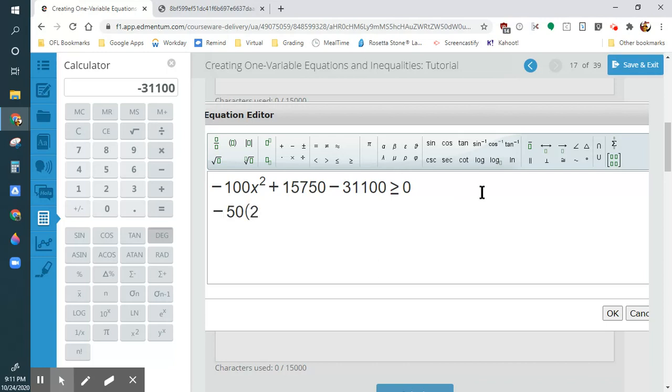So this is 2x squared. Oh no, control V, control up 2. And then plus, I don't know what that is, give me a second here. Actually, it's negative, because a positive divided by a negative 50 is going to be negative.